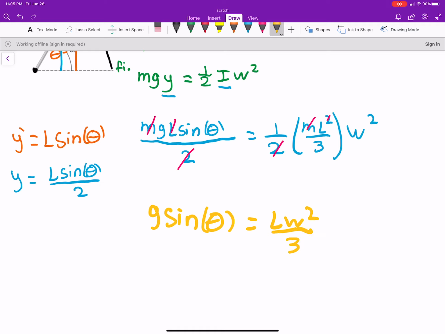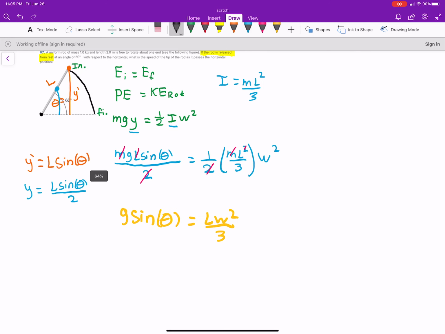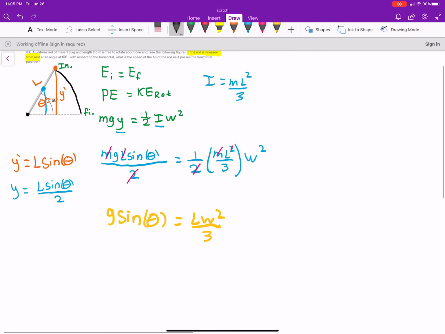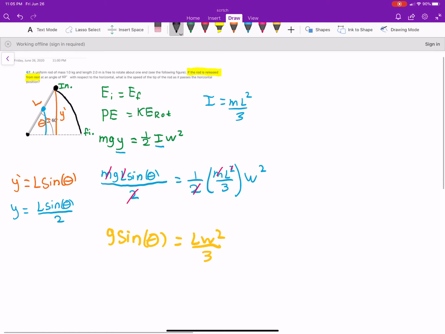Okay. Well, let's use this fact. The speed we're looking for is the tangential speed. Essentially, we want to know how fast this tip is going once it hits that particular point. We can tell you how fast it'll be going from an angular point of view, but what we want to know is right here: even though it'll have angular velocity go this way, we want to know the tangential velocity.